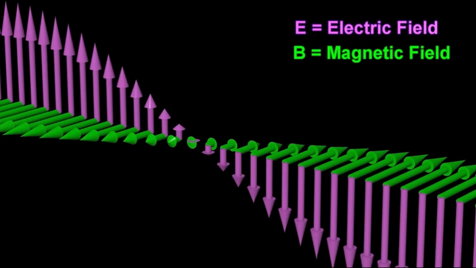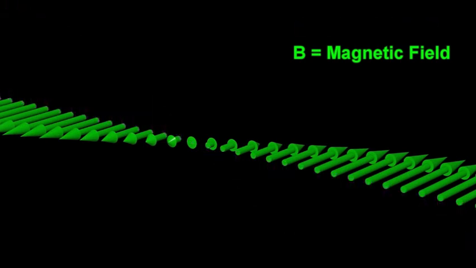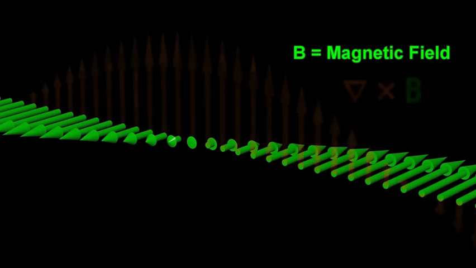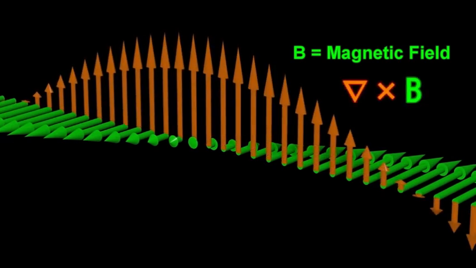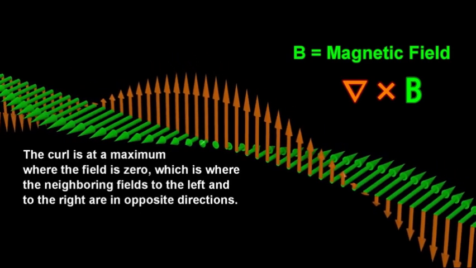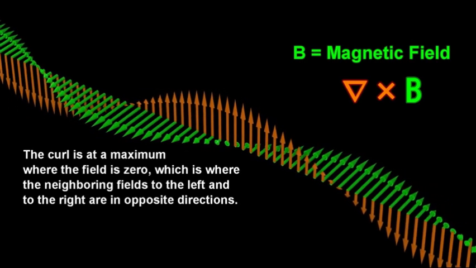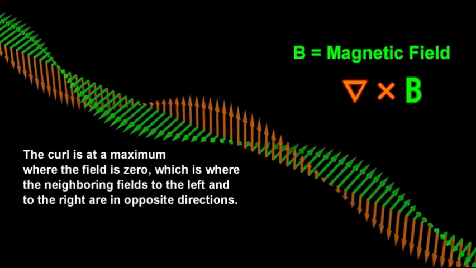Let's take our electromagnetic wave and consider just one moment in time. The curl is at a maximum where the field is zero, which is where the neighboring fields to the left and to the right are in opposite directions.